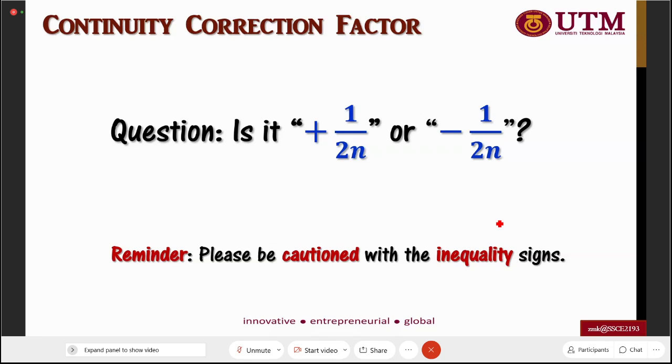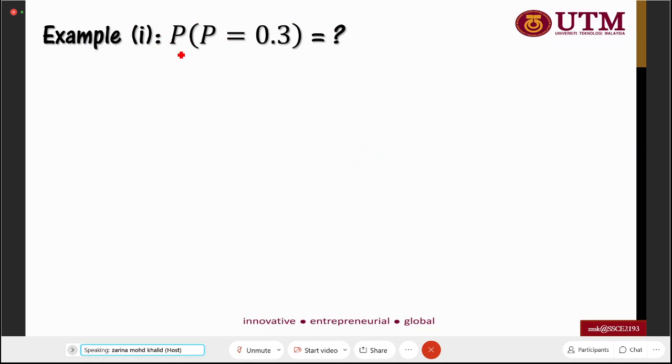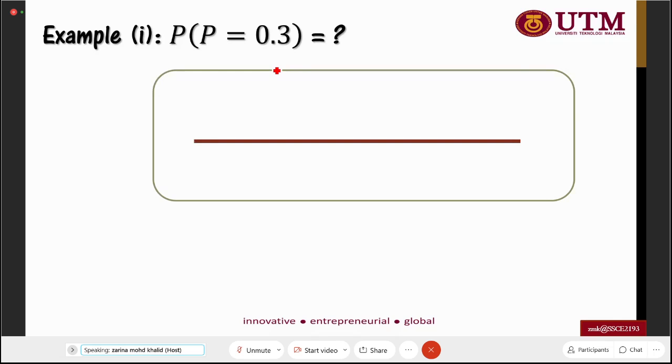So example 1. Suppose you are trying to find the probability of P. The outer P is the probability, the inner P is the proportion, our random variable in this topic 3. So you want to find the probability that P is equal to 0.3. You can demonstrate P equal to 0.3 at this solid dot here, the red one.